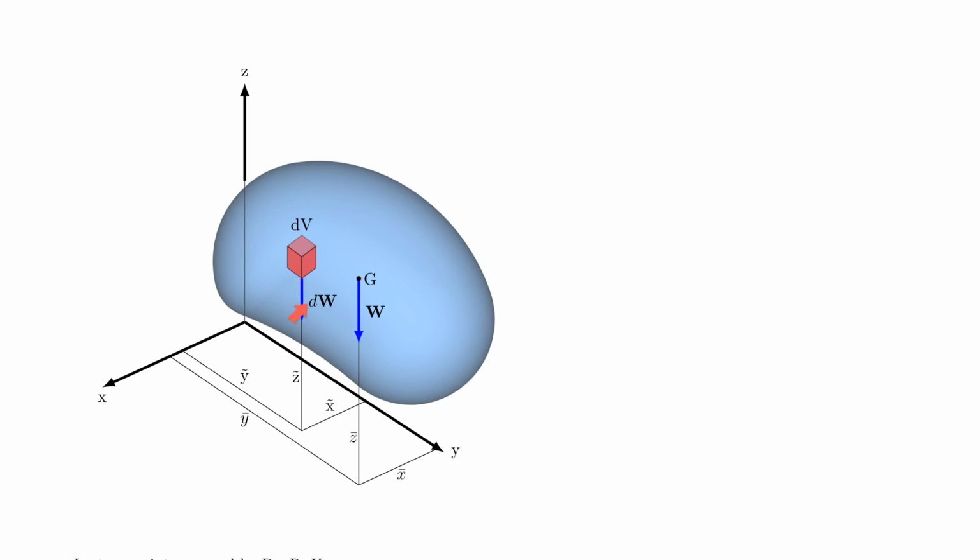So there's the dW, which exists many times in here. There are many x tildes, y tildes, and z tildes, but there's also the center of gravity, and that has the distance to the origin as well. That is defined by x bar, y bar, and z bar, which only exist once. We already discussed that.